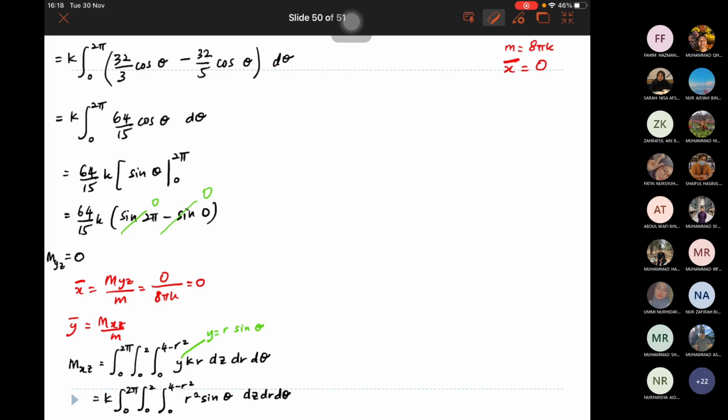Okay. So, settle for this one. Semua akan dapat jawapan sama dengan Mikey, kosong. K kosong sampai 2 pi, kosong sampai 2. This one akan jadi Z darabkan dengan R kuasa 2 sin theta, kosong sampai 4 tolak R squared, dr d theta. Okay.